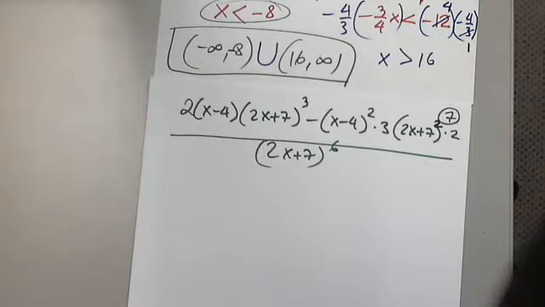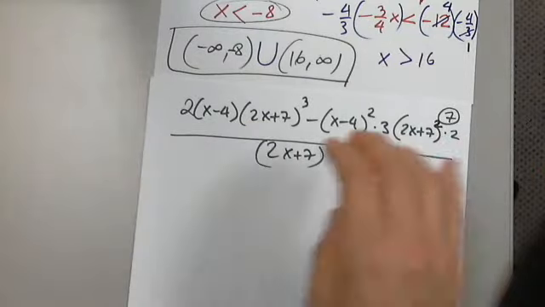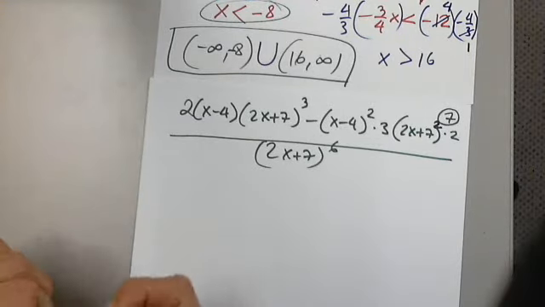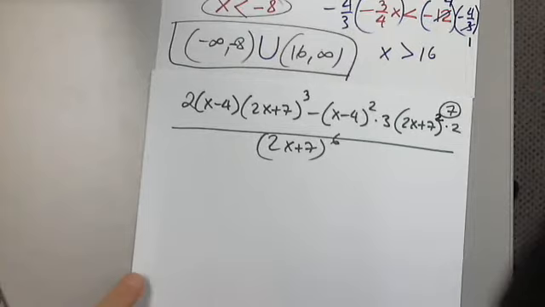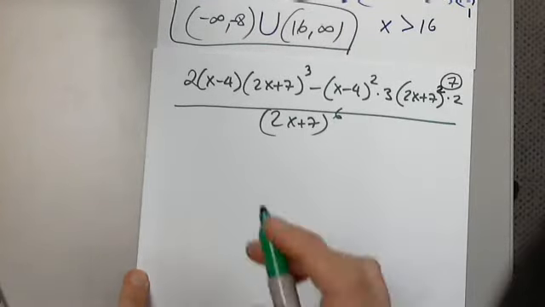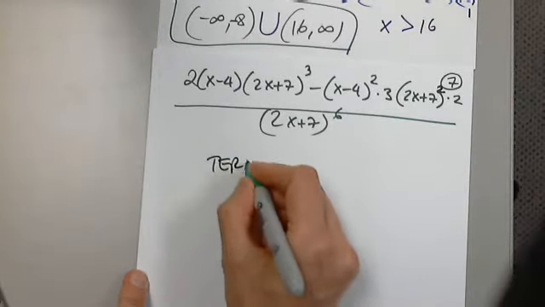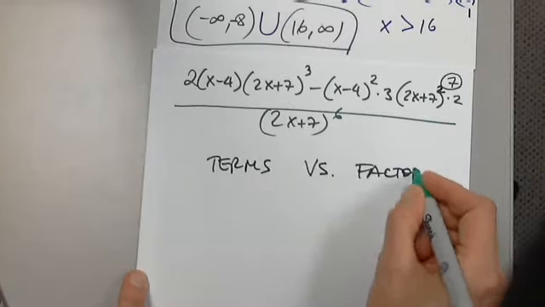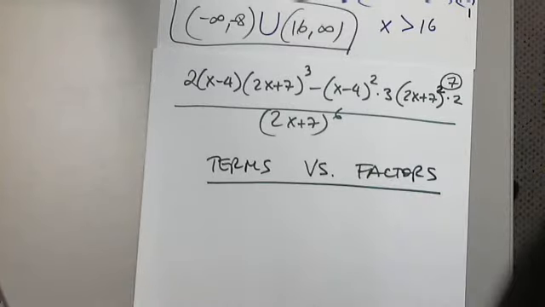Second question for you. Let's look at the top and please tell me how many terms we have. How many terms we see at the top? Not factors. Okay, let me read it to you.